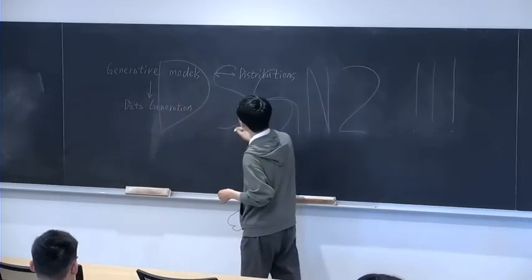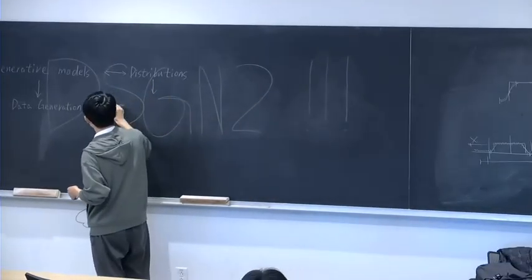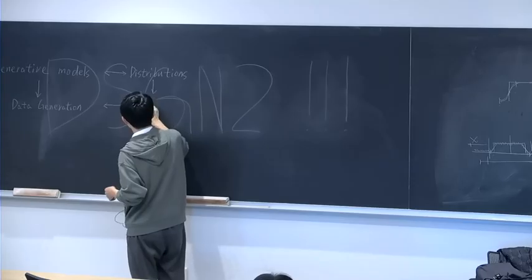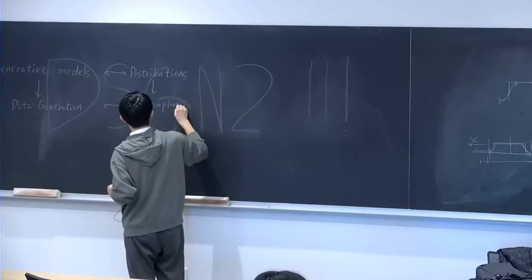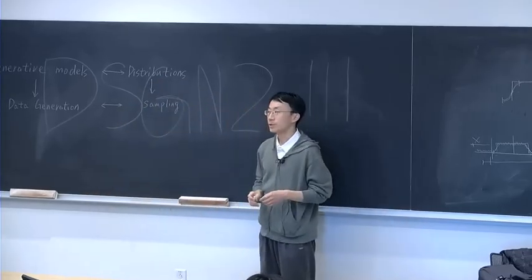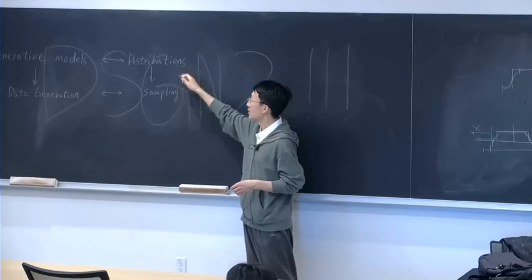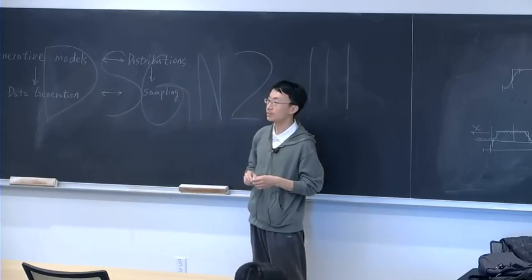In math, data generation is sampling, drawing samples from the distribution. Each sample you draw from this distribution would be a newly generated data point.